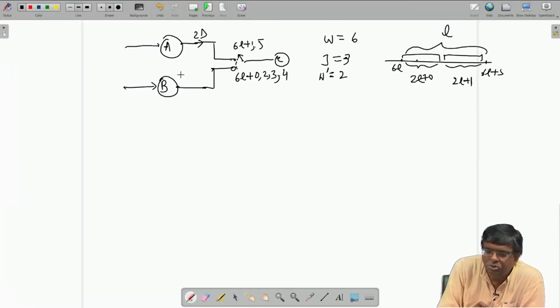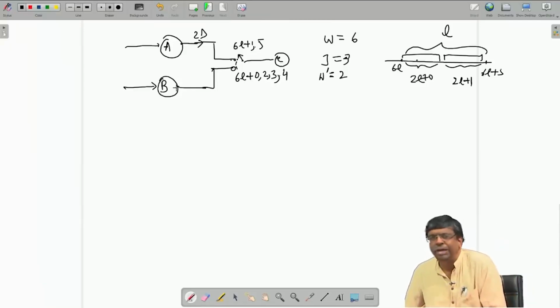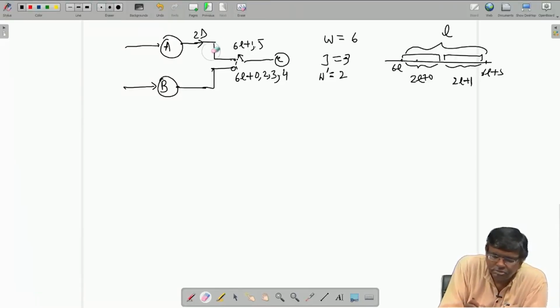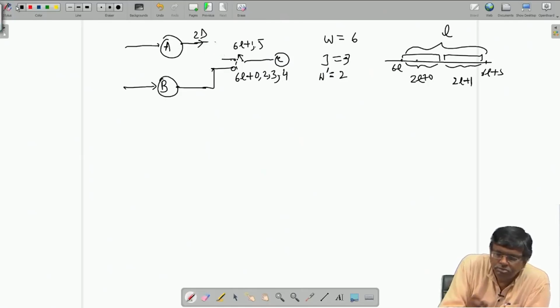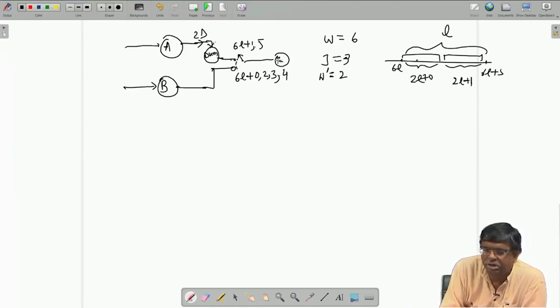So, what I will do? I will introduce a dummy node which only takes data and gives, does nothing else. I will introduce a node called dummy, DUM for dummy. So, the dummy node takes from A and gives it to this side.